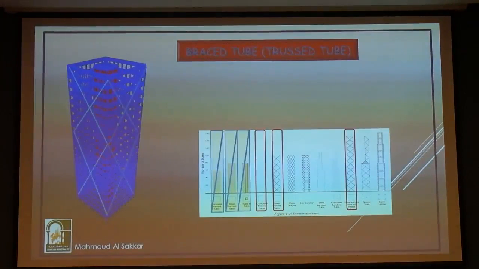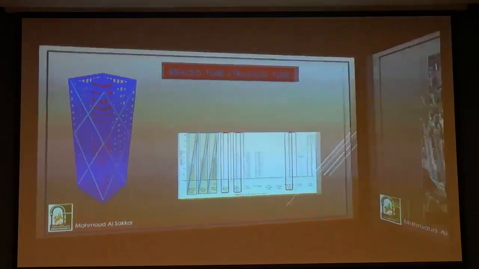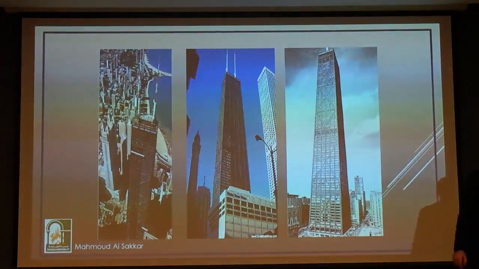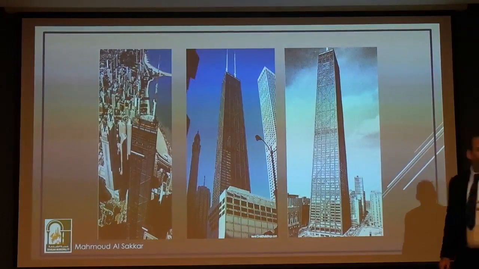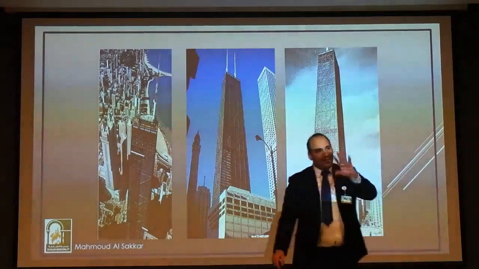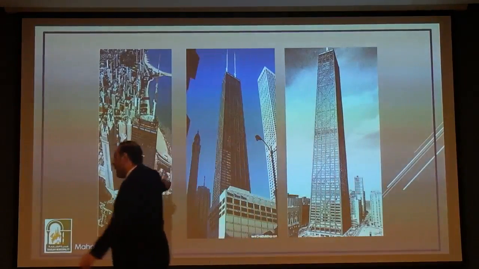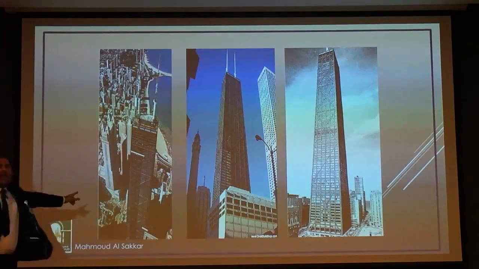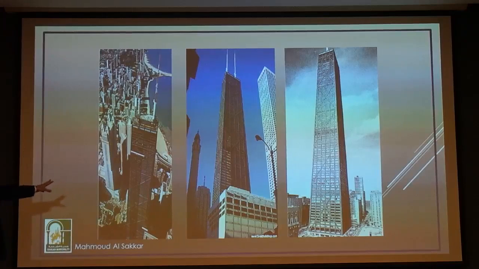Look here, the one. It can be concrete or steel, it can be both. For this tower, I don't know if it's concrete or composite, but I'm sure this one is a steel structure.